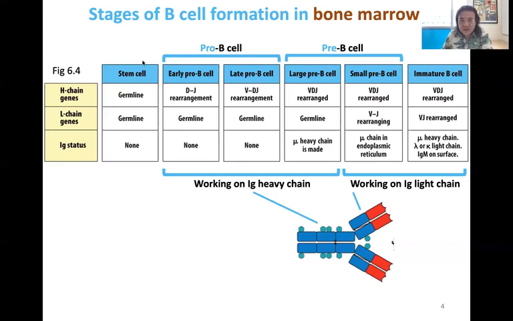So the way you look at this table is the columns here describe what phase or what stage of the B cell development you're looking at.